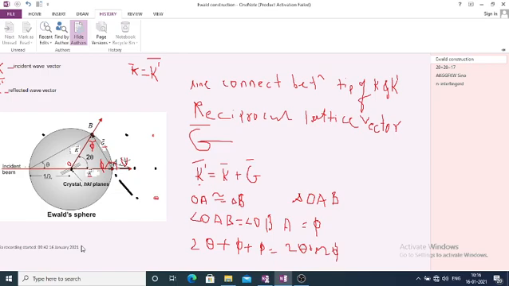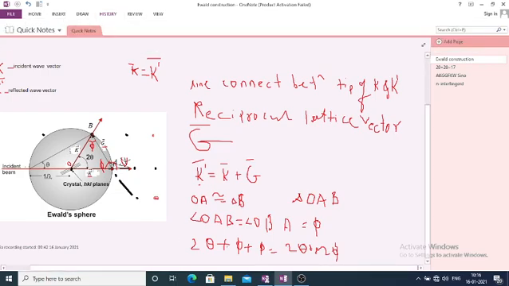Then there is a relation between the angles theta, phi and psi, and then you manipulate the mathematics. So we get the Ewald construction, that is, Bragg's condition in the reciprocal lattice is the same as in the direct lattice. So this is about the Ewald spherical construction. You should remember it. Thank you.